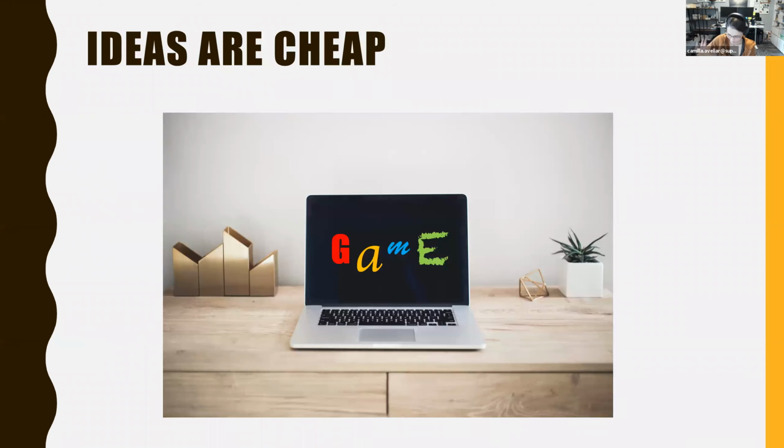All right, so this is something that is said a lot in many creative areas, and it is that ideas are cheap. Even a badly implemented game is going to be better than an idea inside your head. You can't play an idea, you can't test an idea, you have to get it down and get it implemented, get it prototyped.